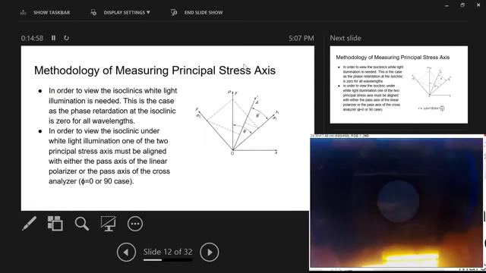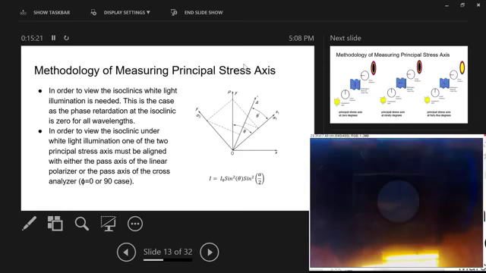So essentially, the first experiment that we conducted was to determine, as Luke said, the predominant direction of stress, as I would call it, inside our material. And so the way that we went about doing this was to essentially take advantage of this property that when our material, well, let me just pull up the equation here.